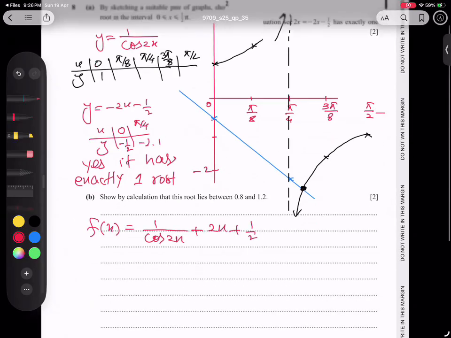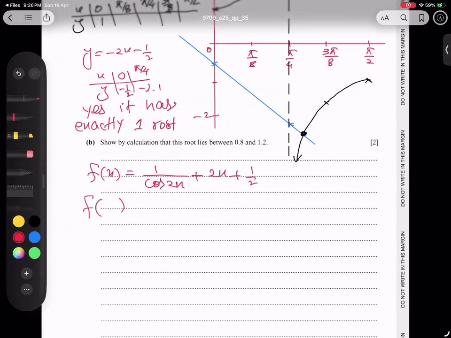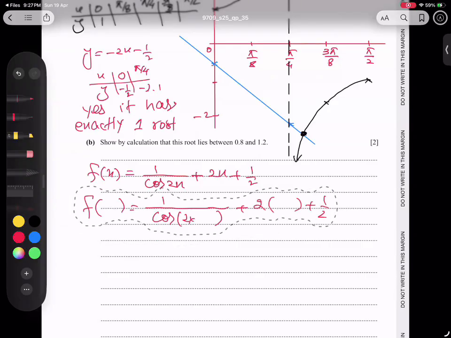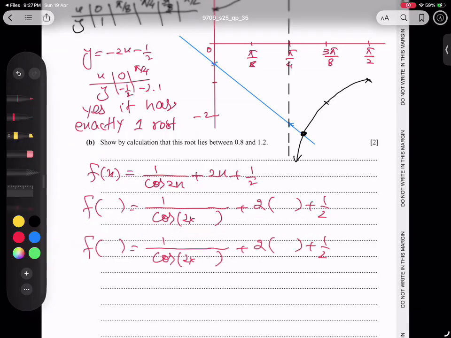Now I'm going to plug in every x, cos in the bracket 2 times and 2 times this plus 1 over 2. So this equation I'm copying and pasting. Now, first of all, I'm going to plug in 0.8, 0.8 everywhere. Look, I'm showing you 0.8, 0.8, and 0.8. Then I'm going to plug in 1.2, 1.2, and 1.2.